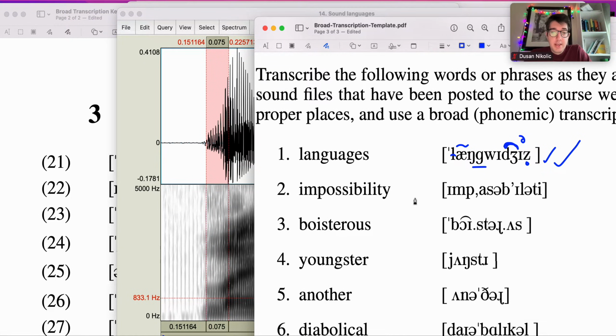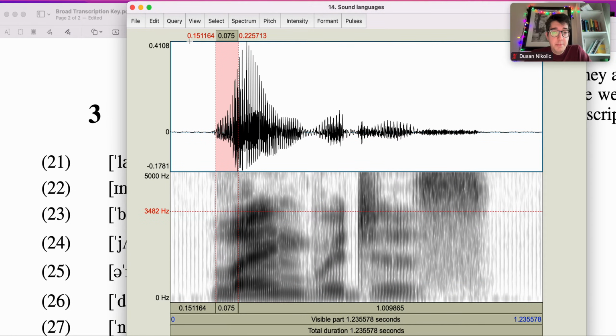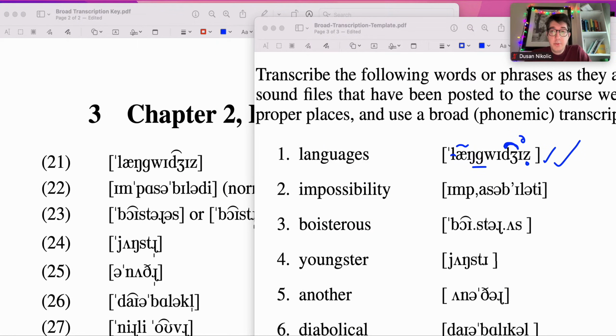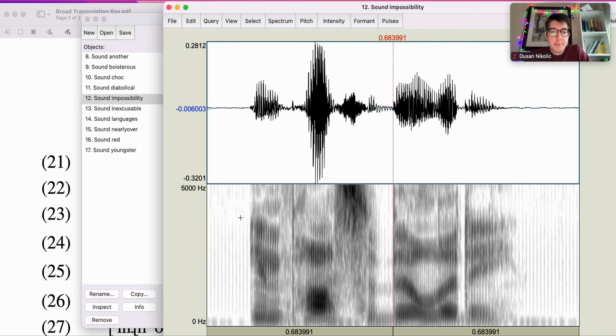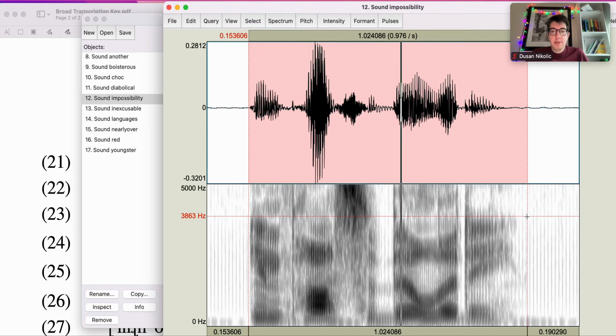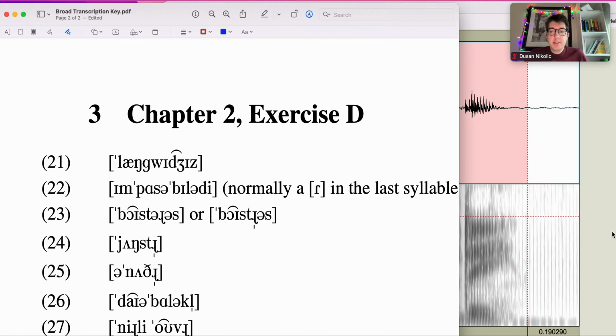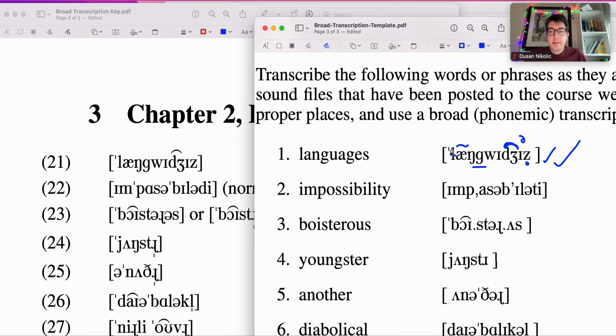This is great. Now we have impossibility. Let's see what impossibility is made of. Impossibility. Yeah, for languages, it's obvious that the stress is on the first syllable, so never forget stress. Great job.